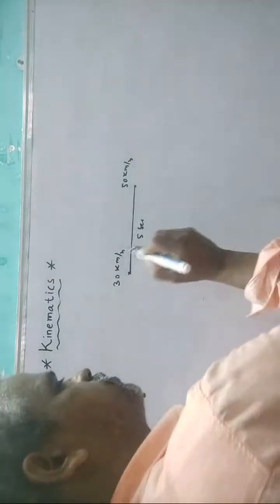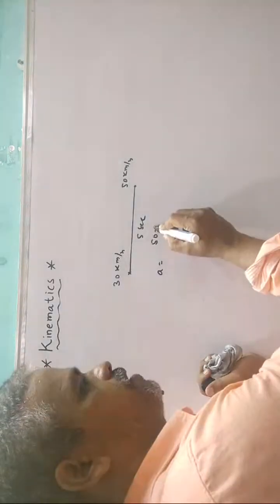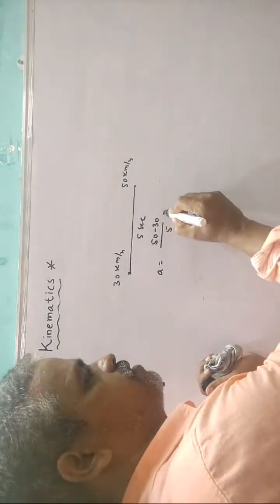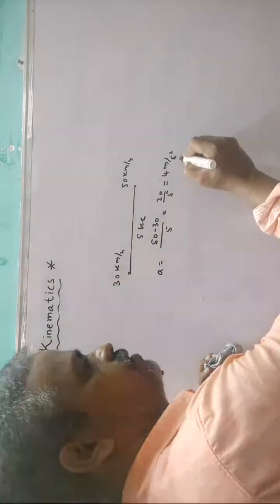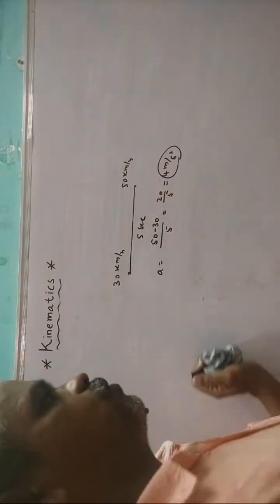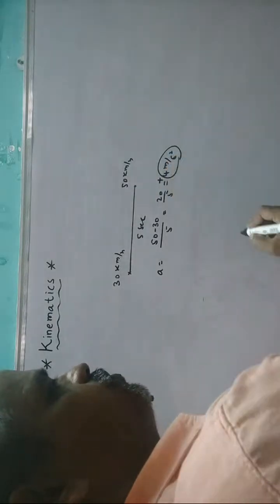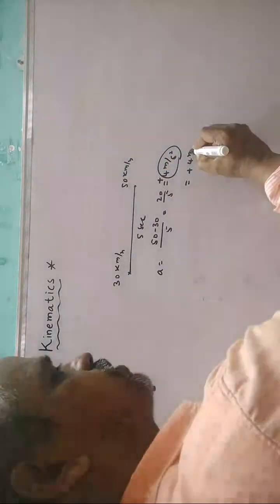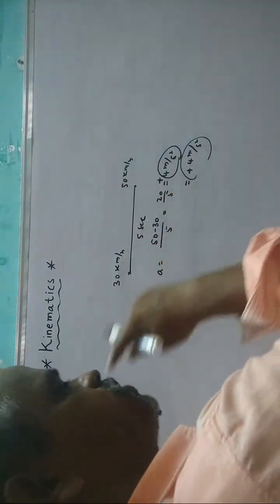So acceleration is 50 minus 30 by 5 seconds, 20 by 5, that is 4 meter per second square. We are getting a positive value here, plus 4 meter per second square. This is a positive acceleration.